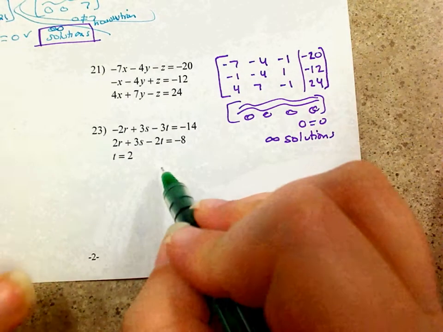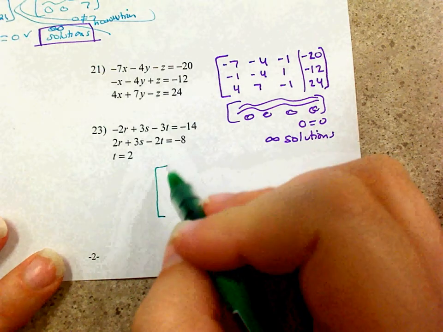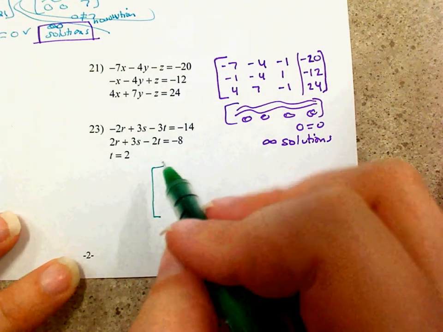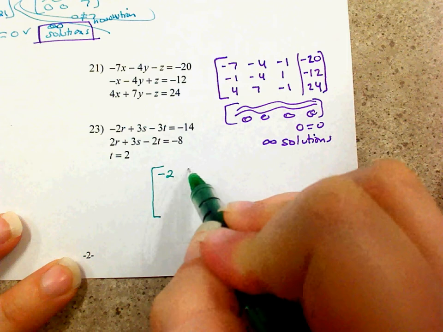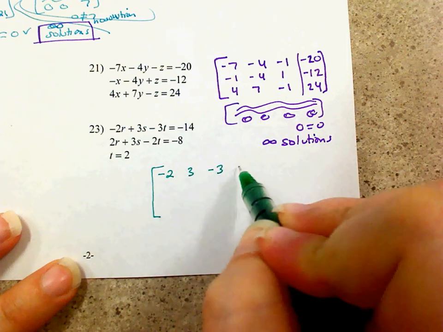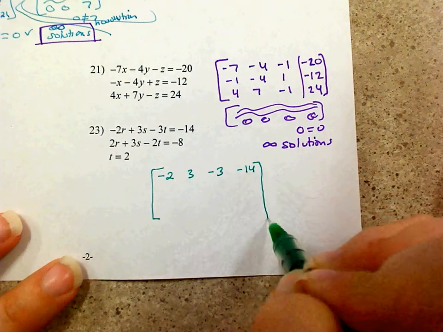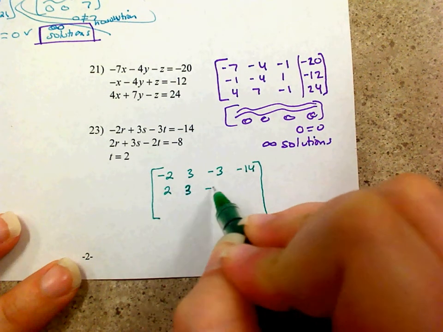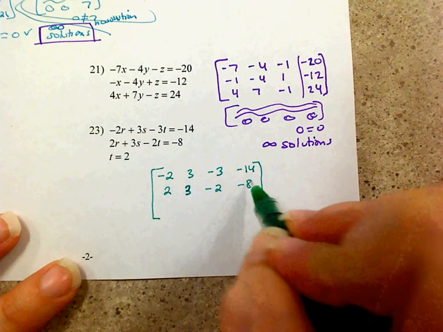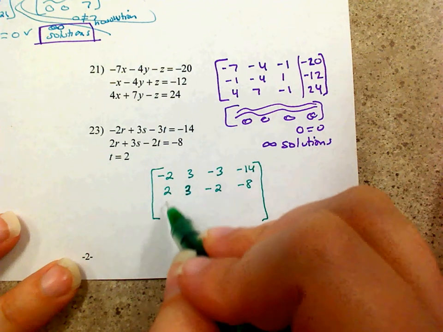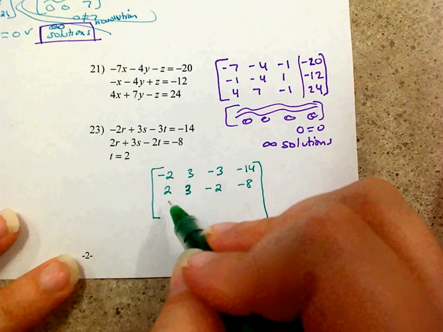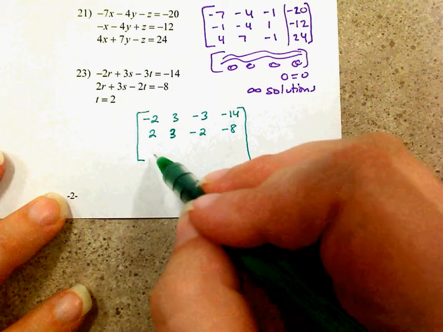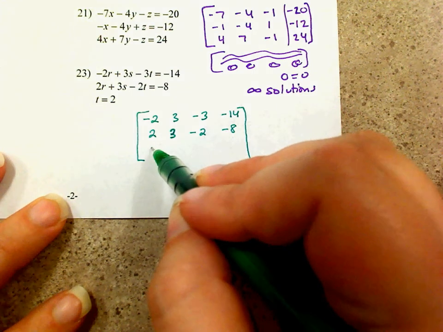Negative 2, 3, negative 3, negative 14. 2, 3, negative 2, and negative 8. Are there any R's on the third one? No, so I write in what? If there's no R, I put in a 0. Is there an S? Is there a T? 1 and then 2, right?